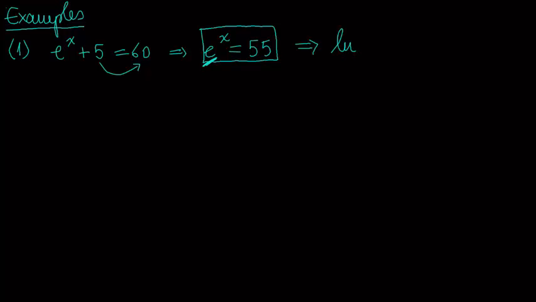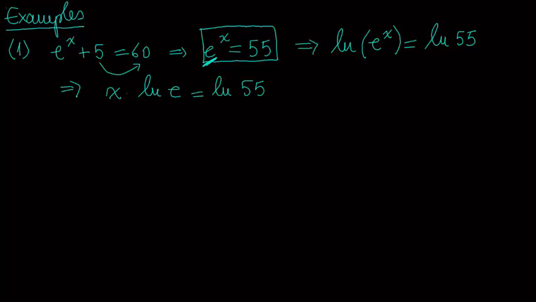So ln of e to the x will be equal to ln of 55. Don't forget to apply the log on both sides of the equation. And now I can pull the x in front of the log and get x multiplied with what's left over, namely ln of e, equals ln of 55. So my final answer, since ln of e is 1, I get ln of 55 for my x.